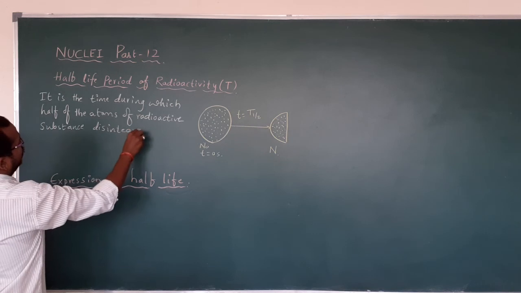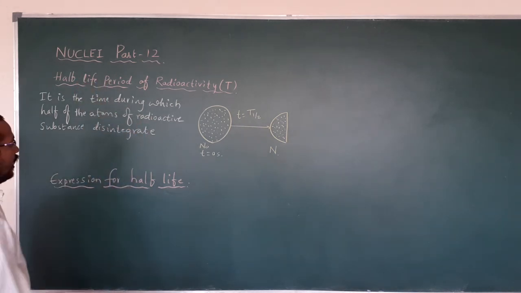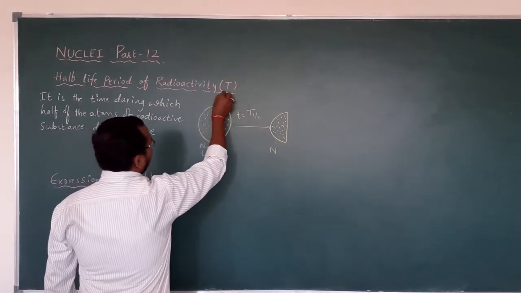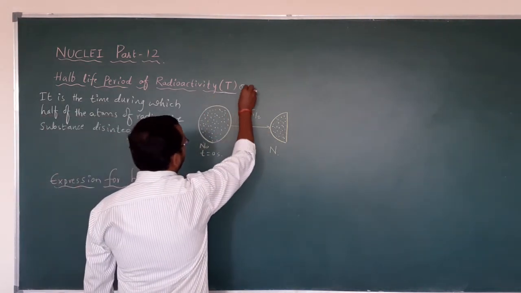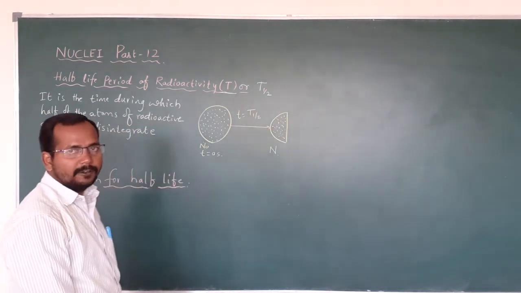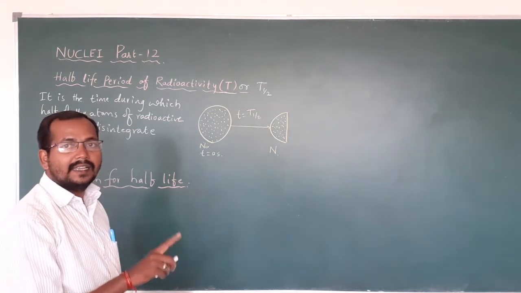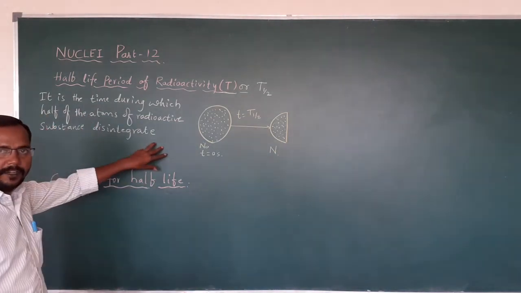That is called the half-life period of a radioactivity, and it is represented by capital T, or you can also represent it as T half. It is not T by 2, it is T half. I'll explain this definition with an example also.